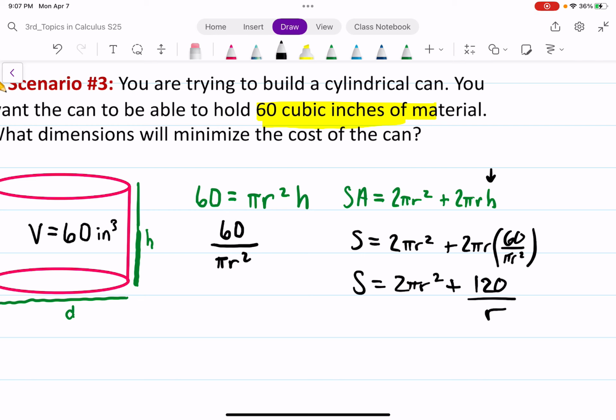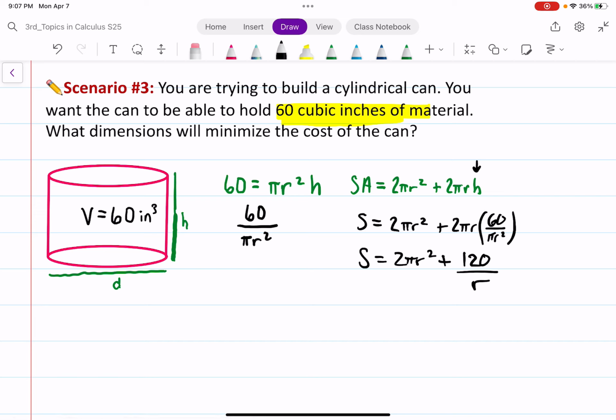Okay, and so remember, after you get two formulas to be in terms of one formula and one variable, so we have like radius as our one input variable, now remember that's where you take the derivative, okay? So if I'm going to take the derivative, I want to rewrite that 120 divided by R as a power, so that'd be 120 R to negative 1.